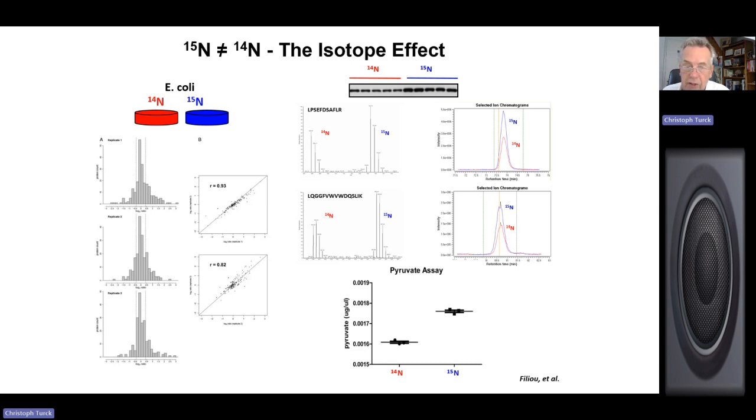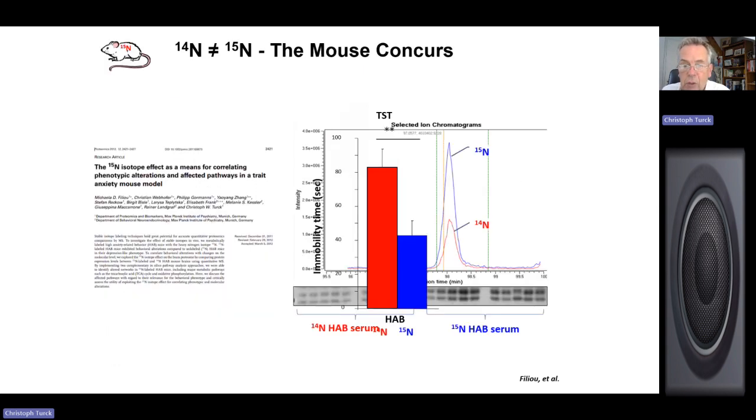One very curious experiment we did was to compare our unlabeled and 15N labeled mice. We also found differences in serum protein expression, and this was the real surprising result: there are differences in behavior between these two mice.